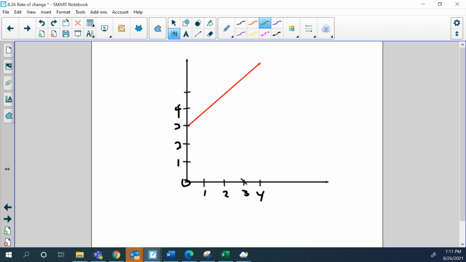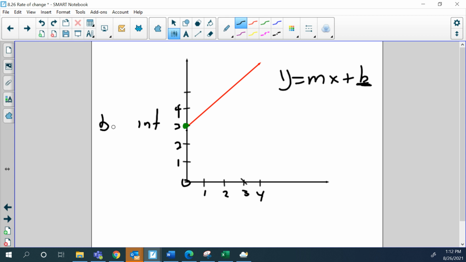So this is my y-intercept right there. And you remember the slope-intercept form? That is y is equal to mx plus b. Now, b right here is your y-intercept.